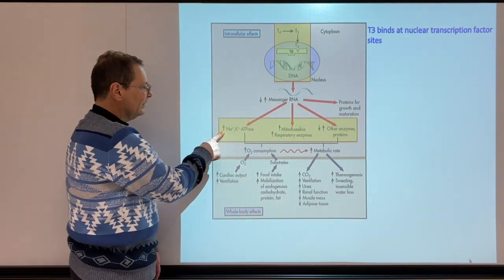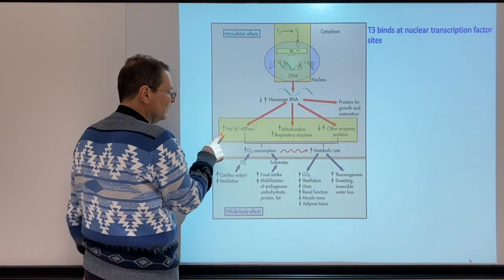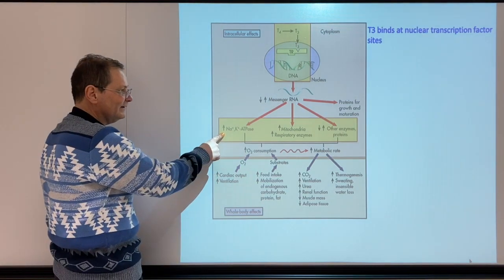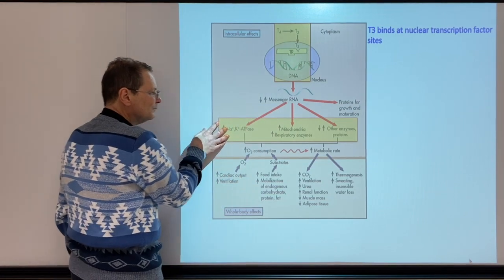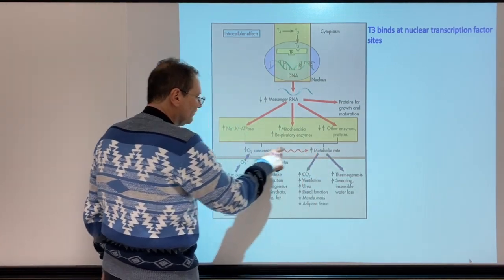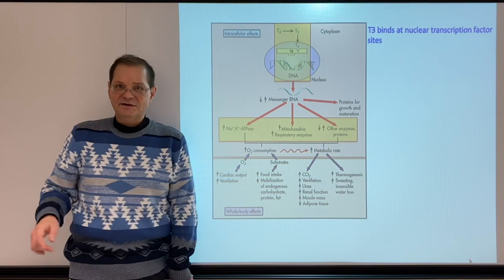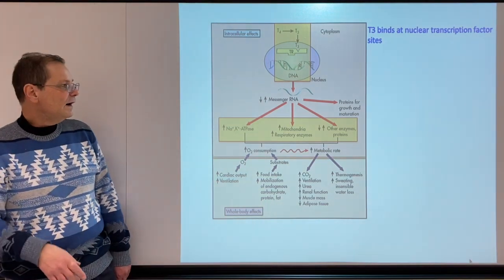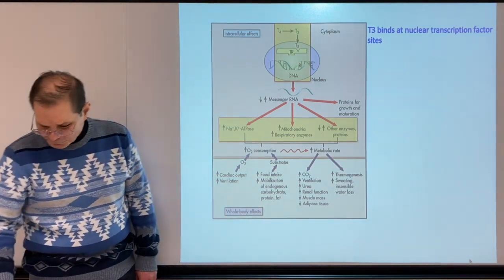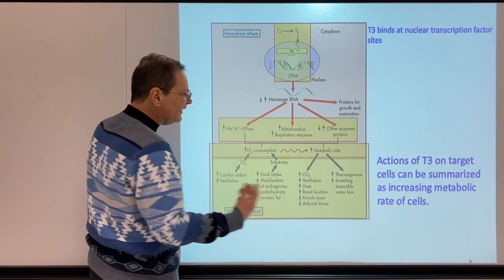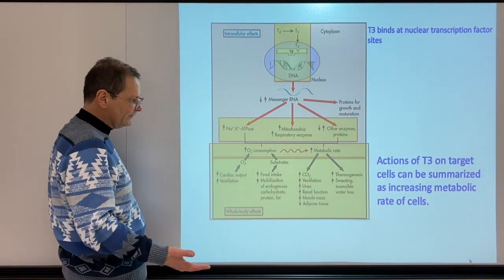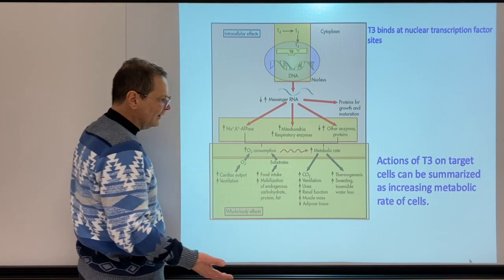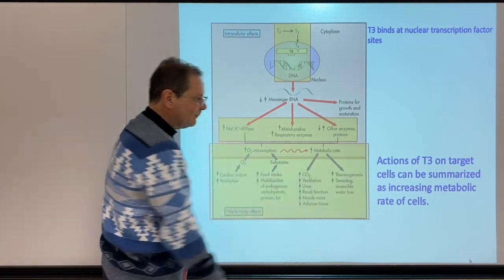It increases the sodium potassium ATPase, which, as you know, in many tissues eats up a lot of ATP. The net effect of increasing the expression of these proteins is to increase the metabolic rate and the oxygen consumption in these cells. And so the effects of thyroid hormone can be tracked pretty much always directly to the effects on metabolism.